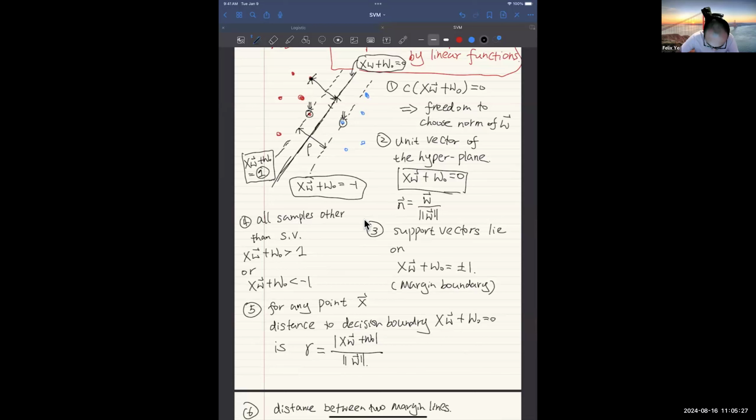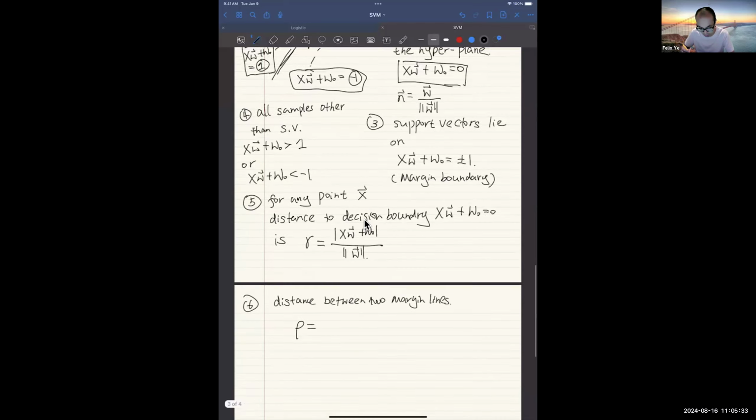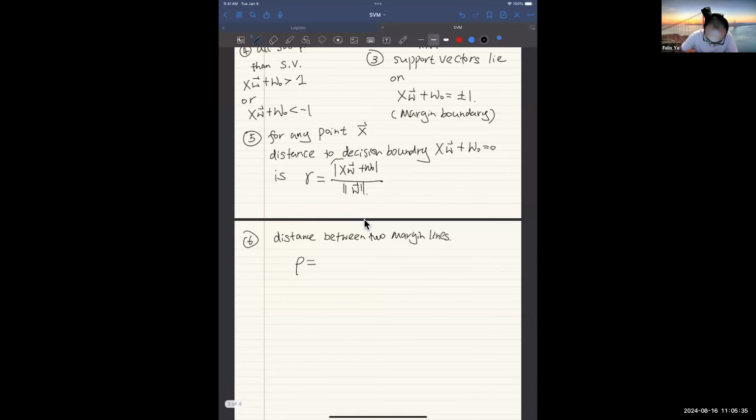This is 1 to 0, so this is 0, and -1 to 0. Basically, the distance will be, if we plug in the values right here, 1 over the norm of w plus 1 over the norm of w.